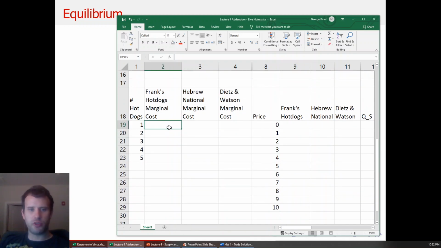Similarly, we're going to use marginal cost, which is the underlying foundation behind a supply curve, build it into a supply schedule, and from the supply schedule build a graph.